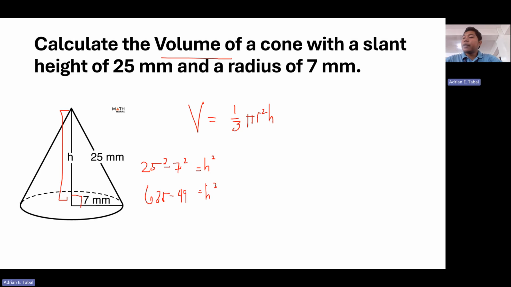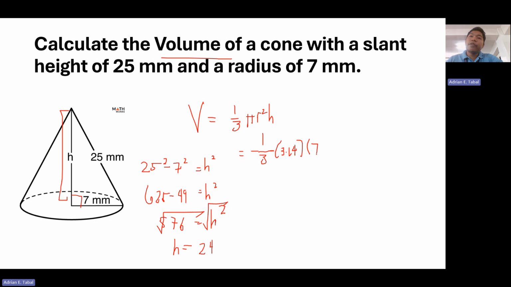So 625 minus 49 is 576 equals h squared. Take the square root. So h is equivalent to the square root of 576, which equals 24. So our h is 24.